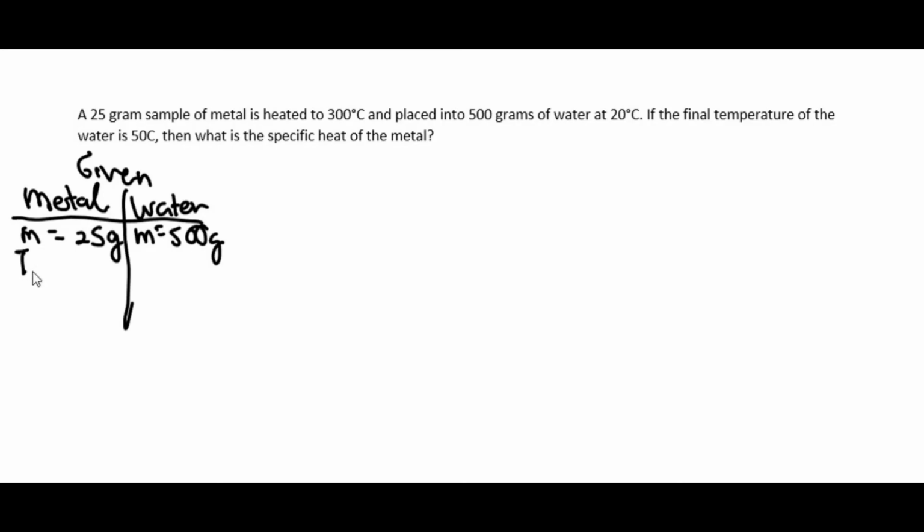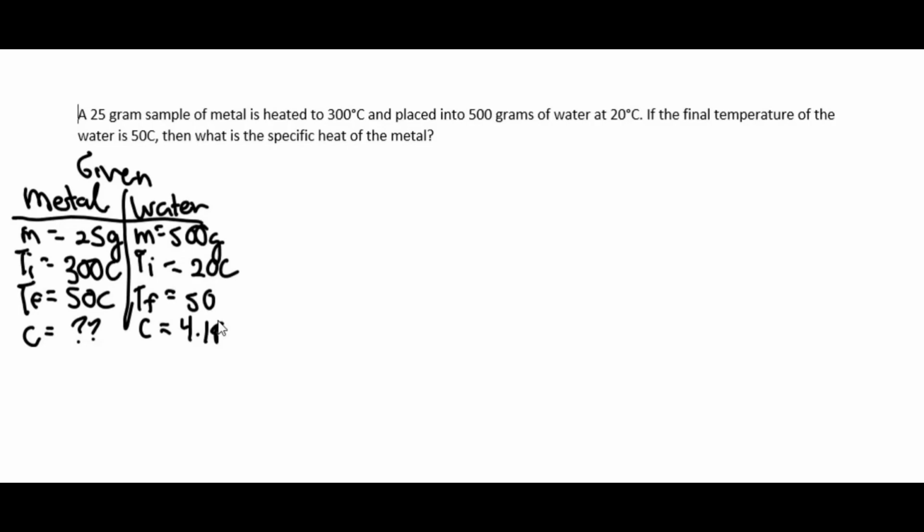Initial temperature of the metal is 300 Celsius. Initial temperature of water is 20 Celsius. Final temperature is 50 Celsius for both water and metal. Specific heat is missing for the metal, and for water, the specific heat is 4.18.